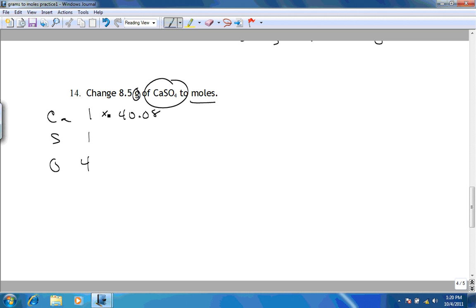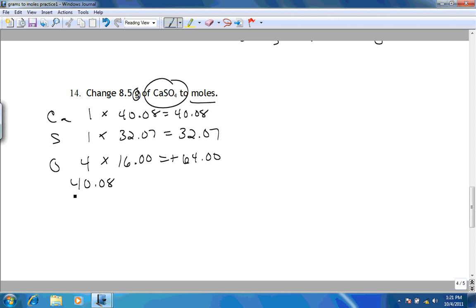So this would be 1 times 40.08. Sulfur is 32.07, so it's 1 times 32.07. And then oxygen is 16.00, so it's going to be 4 times 16.00. So we're going to add these three numbers up to find the total molar mass.